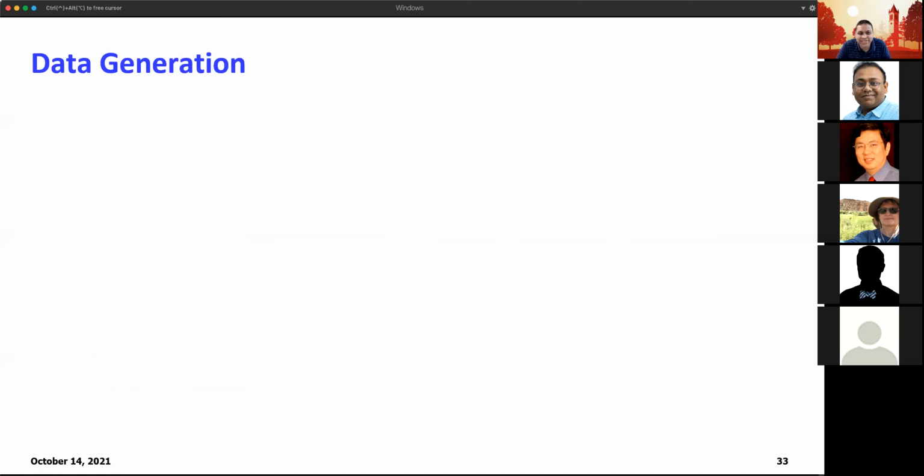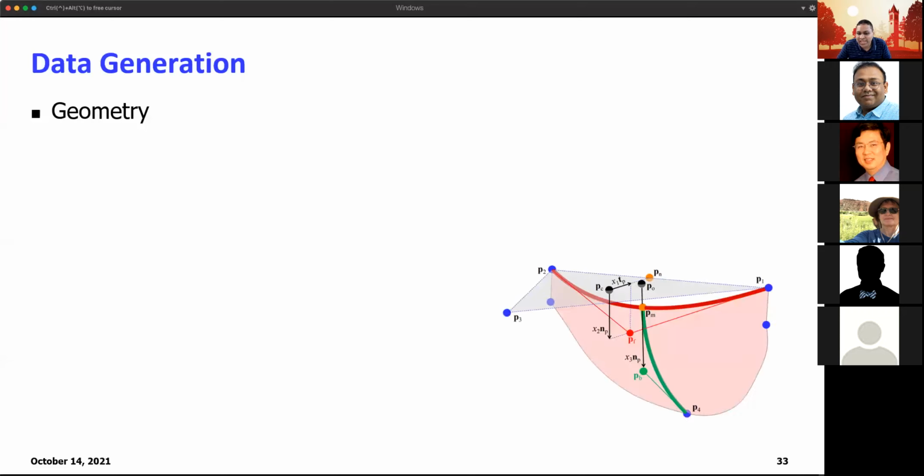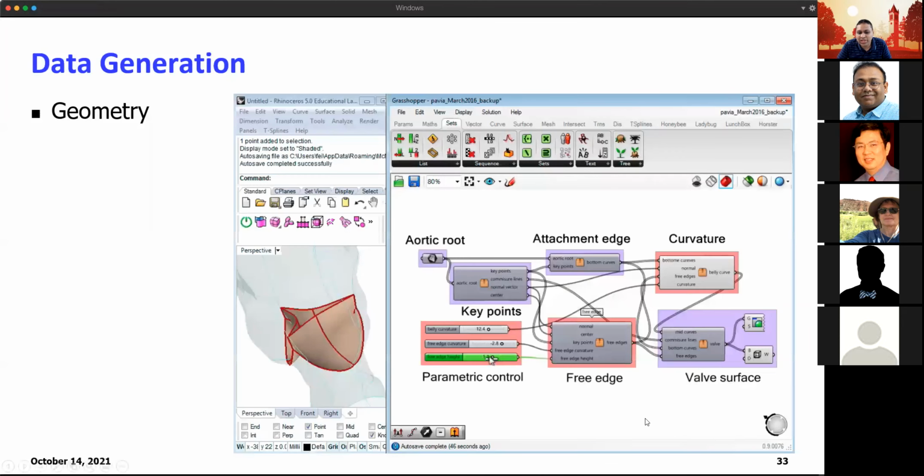The way we generate this data is we run a lot of simulations for different valve geometries. Like I said, the valve geometry itself can be parameterized. You can see that there are these 3 parameters like the curvature, free edge curvature, and the free edge height, and you can essentially get different valve geometries.